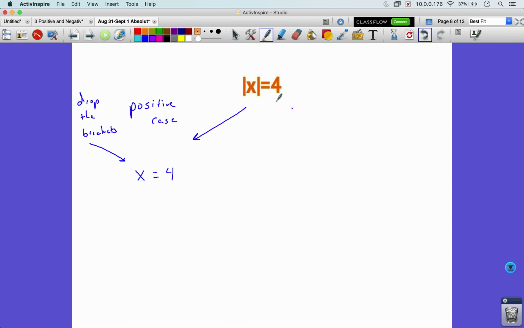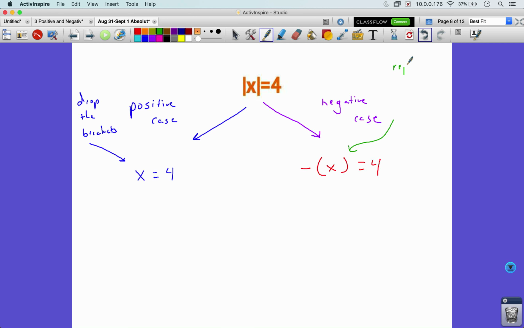All right, but let's also consider the scenario where x is negative. We'll call this the negative case. In the negative case, we need to change that negative back to being a positive, because that's what the brackets do. And so an operation that would do that is multiply by a -1. So make this negative parentheses x equals 4. So in the negative case, we're going to need a little more space.